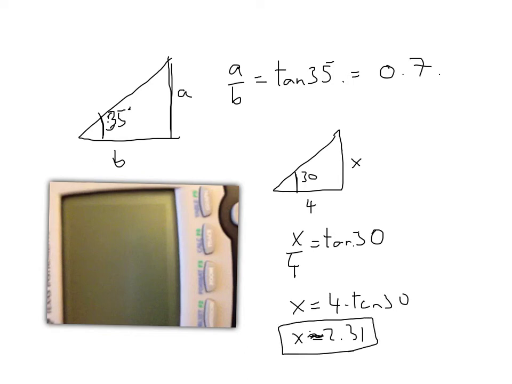Now this might seem a little bit too obvious, but this is so relevant. We're going to be using it so much. It's going to be a fundamental tool we use to develop much more advanced things in mathematics. I want to make sure you really understand what a tangent is, and I'm not so worried right now about other things in trigonometry like sine and cosine. I need you to understand the tangent.